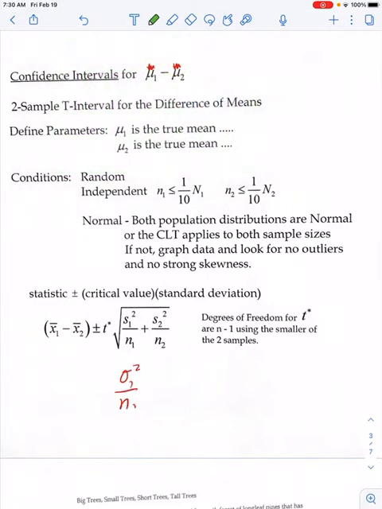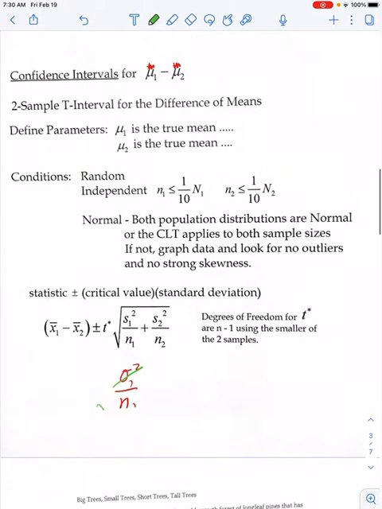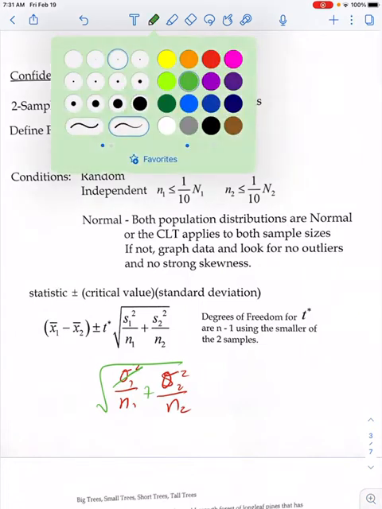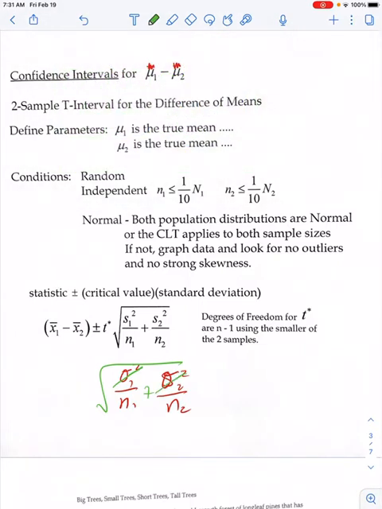It's not going to be sigma because, remember, when you're finding a confidence interval, you are finding a confidence interval for mu sub 1 minus mu sub 2.